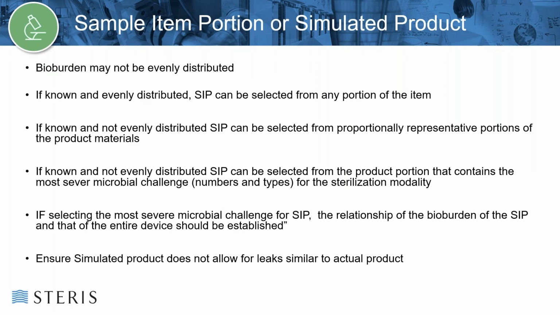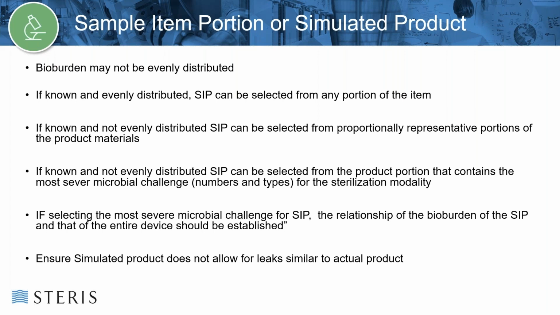It's important to note that if using a sample item portion or simulated product, the bioburden may not be evenly distributed. If it is known that the bioburden is evenly distributed, the sample item portion that we're using could be used from any portion of the device.